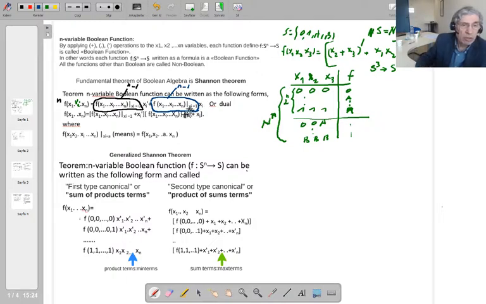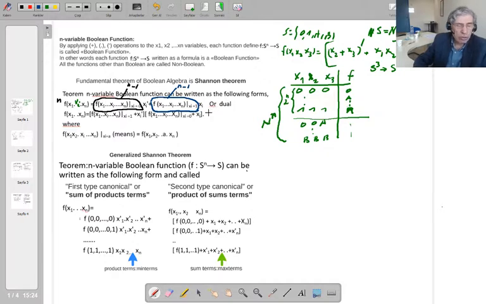This coefficient is constructed from the original function by replacing the variable xi with 0, for finding the coefficient of xi prime. Similarly, for xi itself, in order to find that coefficient, you're going to replace the xi value in your function with 1 and end up with an n minus 1 variable function. So any Boolean function can be written in this form.